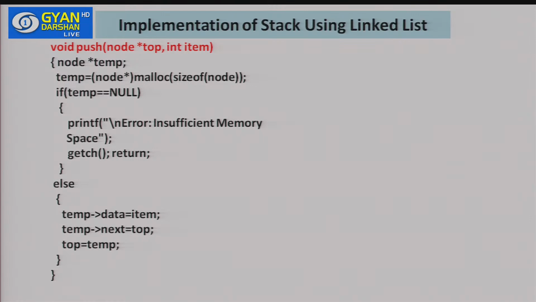So the pointer field of the new node created should contain the address of the top element of the stack. And once the connection is properly made, top will be changed to top is equal to temp, that is, it is going to contain the address of the last element which has been created. That is how the push function will work.